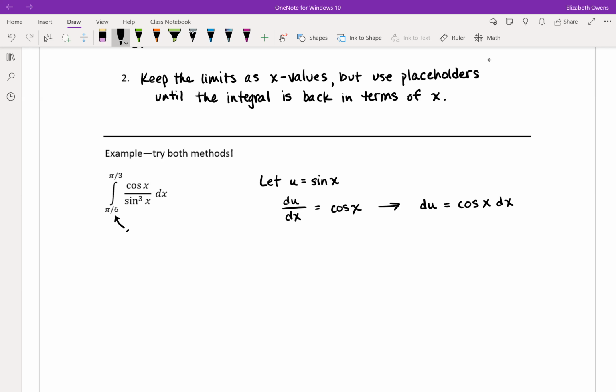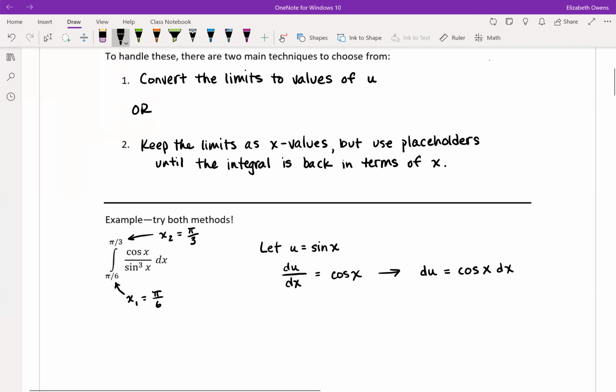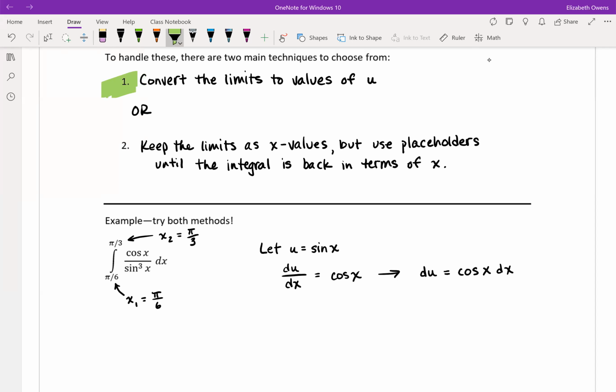Our lower limit, I'll call this x1, is pi over 6. That's our first x value. And x2, the upper limit of integration, is pi over 3. For this first time through this example, we're going to use method number 1, converting the limits to values of u instead.